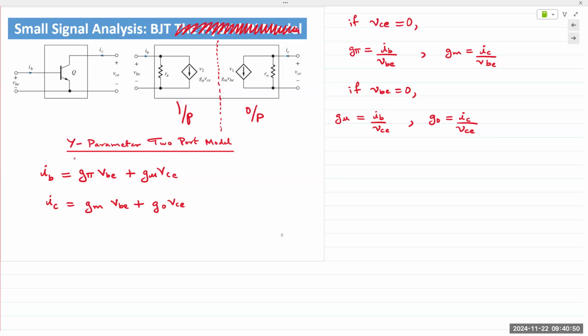Now at the Q point, we can write G mu, sorry, not G pi, G mu, is equal to 0. Gm is IC over VT.